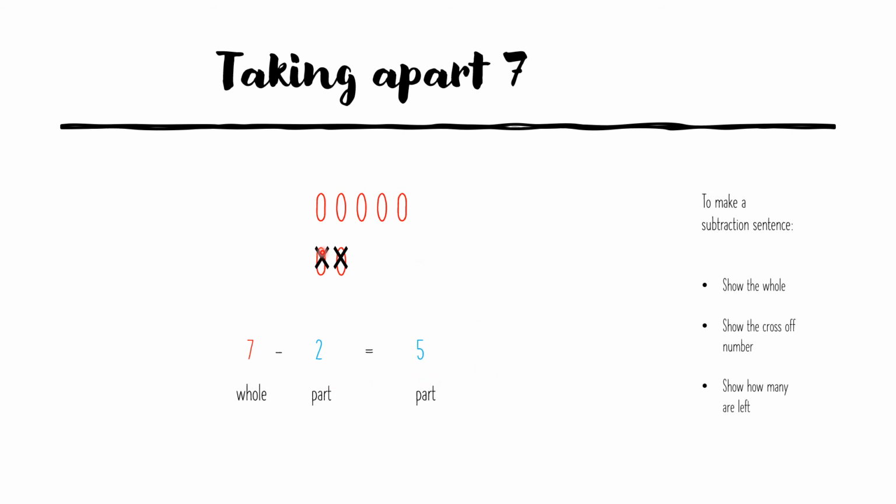We have our equation. We started with the whole. We identified our part, which was our takeaway number, and then we found the part that was left, 5 circles.